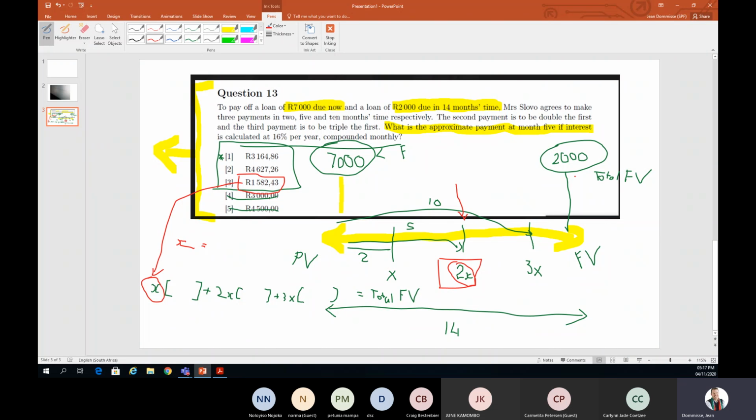But again, it also makes 100% sense to move the 7,000 up to the 5 months, move the 2,000 back to the 5 months period. So the important thing is that this will be 5 months, and that would have been 9 months that you needed to work with.